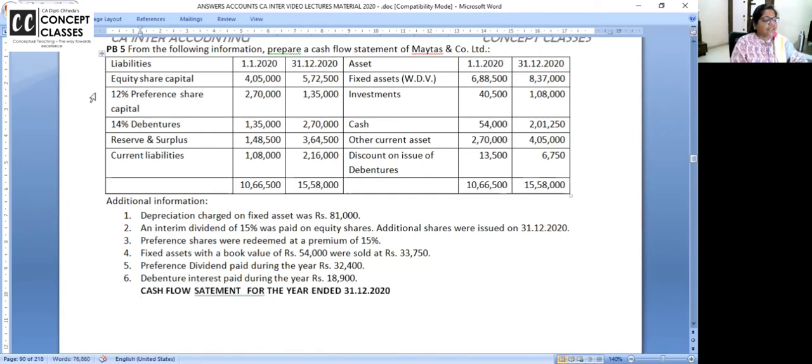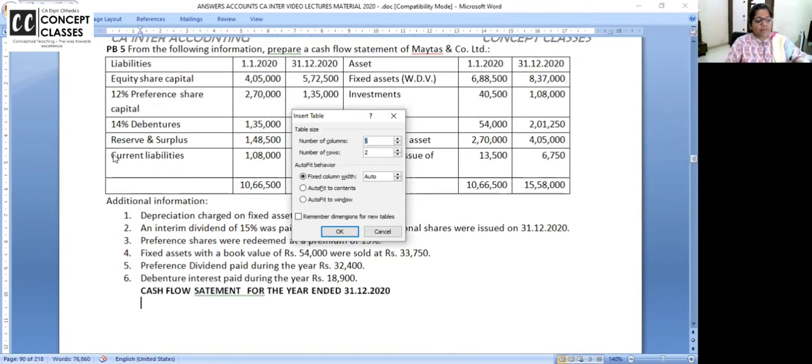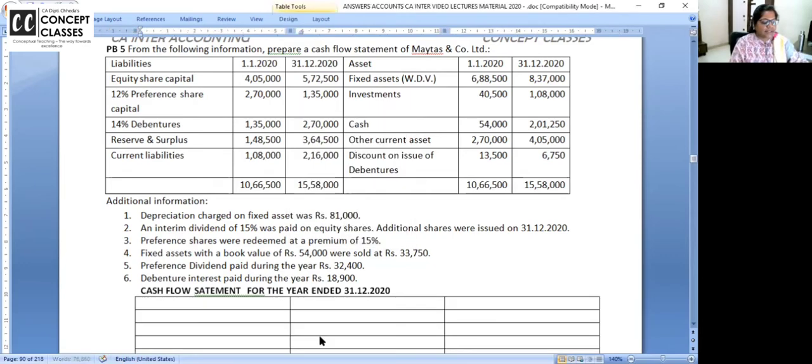And whenever I say cash flow statement, it has to be in this format. Particulars, amount, one full page. I'm trying my best to accommodate here on screen. But you do it in 3 columns and one full page. Yes, like this. Particulars, amount.